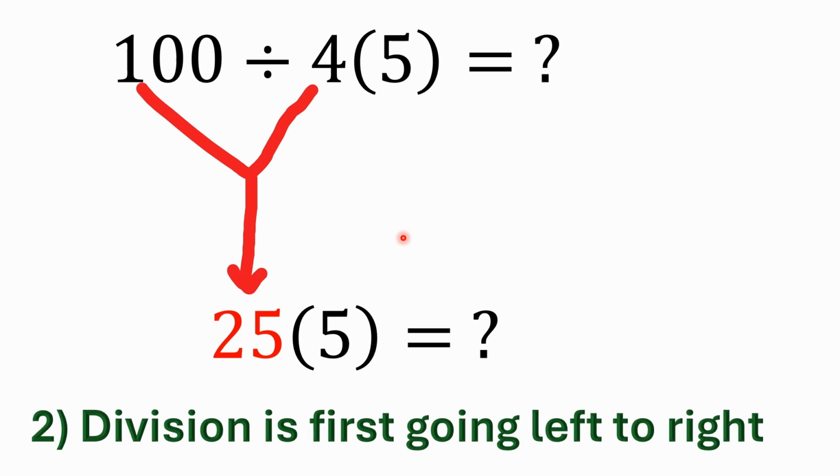So we said before that multiplication and division are solved left to right. And in this problem, our division is before the multiplication. You can see that we're dividing 100 divided by 4 before we're multiplying 4 times 5. And I already know I can hear people screaming, well, PEMDAS says M before D. And again, that's not correct.